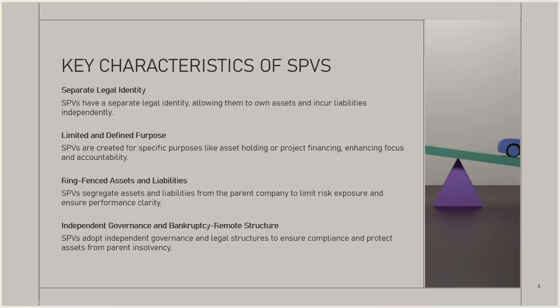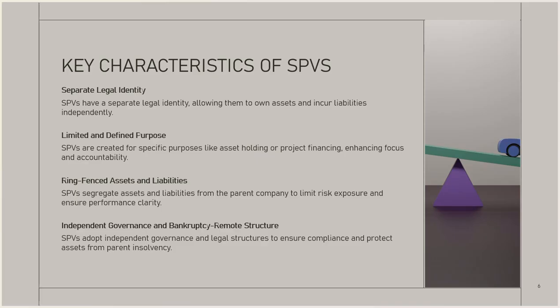Ring-fenced assets and liabilities: the special purpose vehicle segregates the assets and liabilities from the parent company to limit risk exposure and ensure performance clarity, independent governance, and a bankruptcy remote structure.